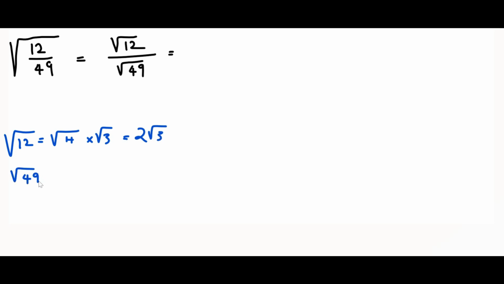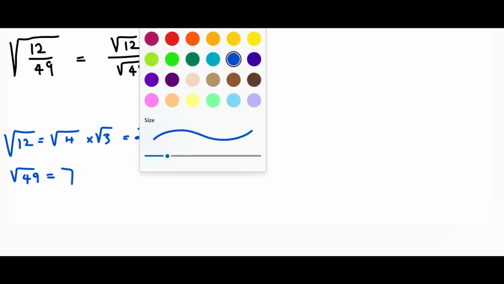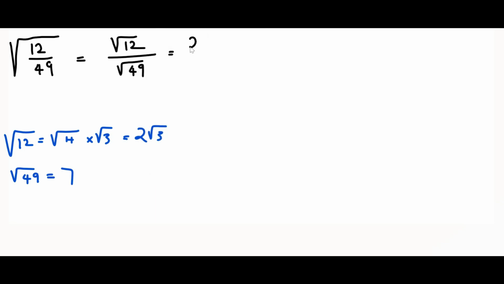And root 49 can be rewritten as 7. So our final answer will now be 2 root 3 divided by 7. And we can't simplify any further, so this is our final answer.